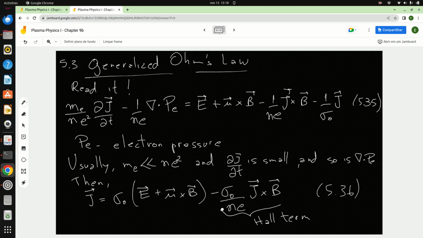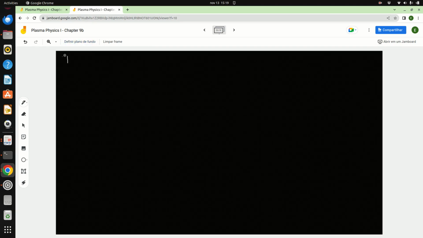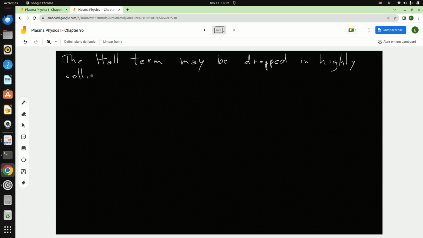So you have here the number density times the electric charge. So this term in a highly collisional plasma is much larger than this. So in these cases, the Hall term may be dropped in highly collisional plasmas.